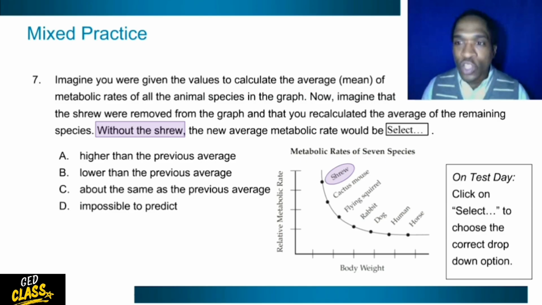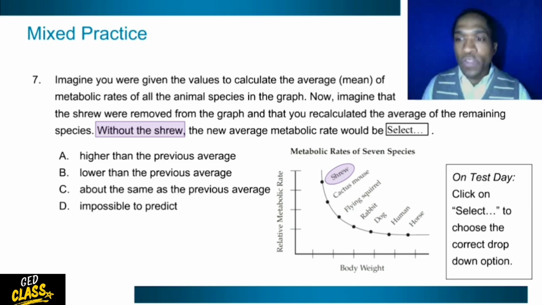Now, how does the shrew's metabolic rate compare to the other animals' metabolic rates? So make sure that you check the y-axis, which means that you should check how much higher or lower the point for the shrew is as compared to the other points. So is the shrew's point higher, lower, or about the same? Well, it's higher. It's the highest up, right?